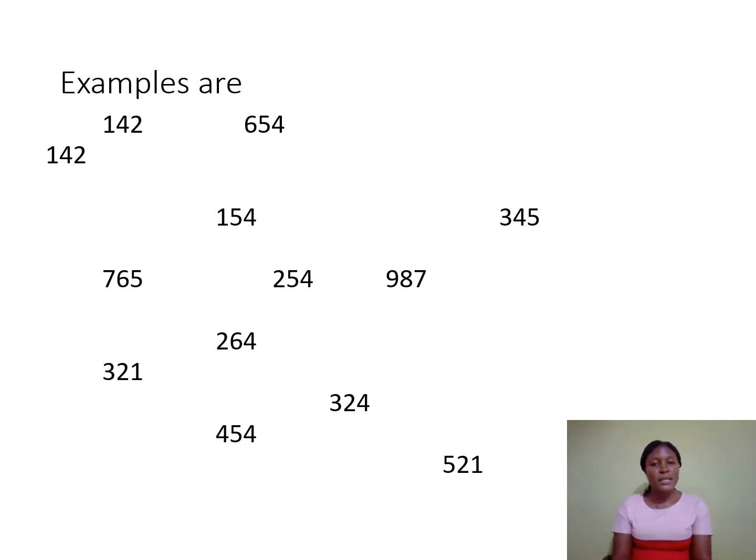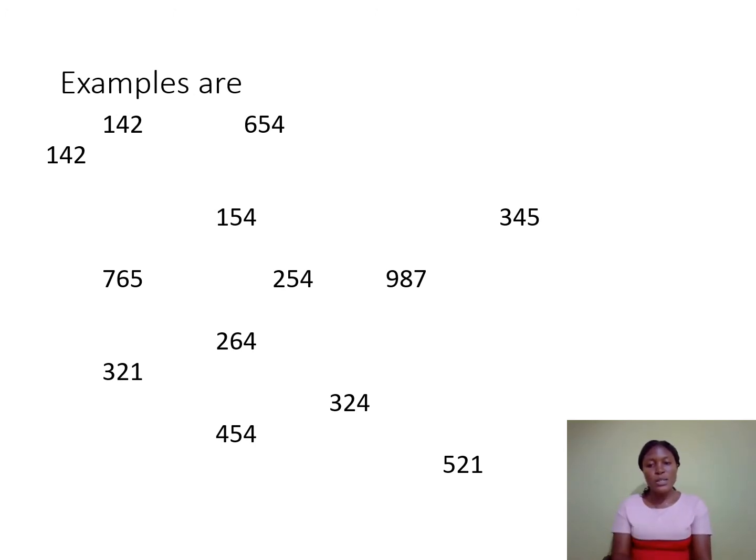Now let's look at examples of hundreds. We have 142. We can also see 654. When we come down, we can see at the middle side a number which is 154. We can also see 765. We can also see under the 154, 254.